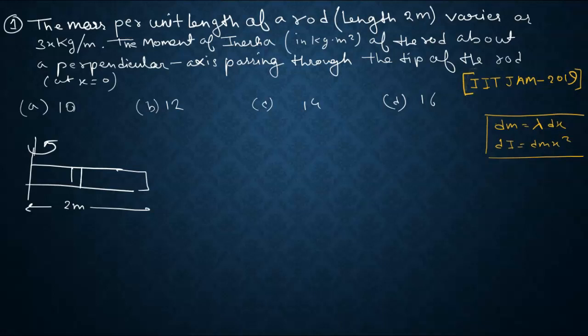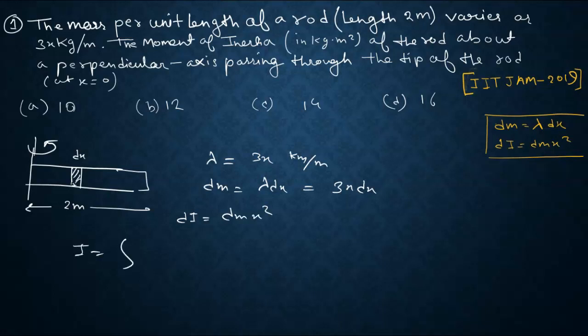In this case also, let's take an element dx, and we're given that lambda, the mass per unit length, equals 3x kg per meter. So the elementary mass dm equals lambda dx, which equals 3x dx. Then dI equals dm x square, and I equals the integral of dI from 0 to 2, as the length of the rod is 2 meter.